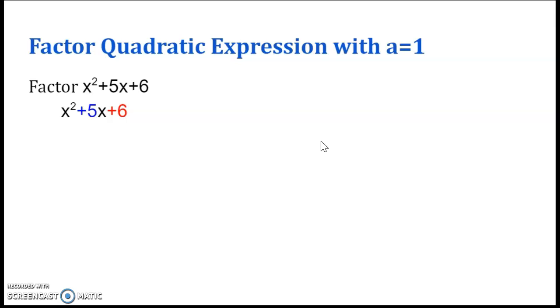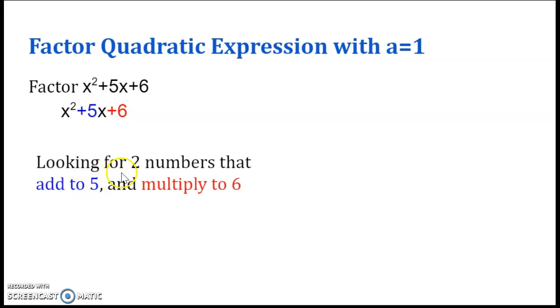So if we were to factor x squared plus 5x plus 6, remember the middle coefficient, the coefficient for x, is 5. The constant is 6. The constant is the number that you are going to get by multiplying the two constants of the binomial. And the middle number, the blue, is the number that you are going to get by adding the two constants.